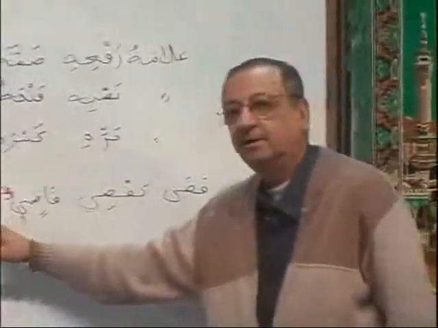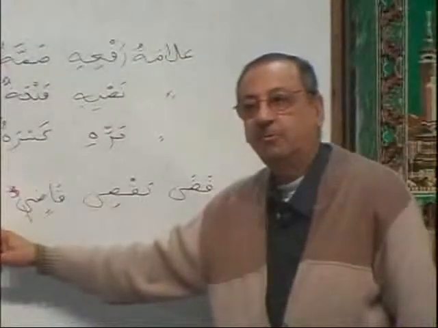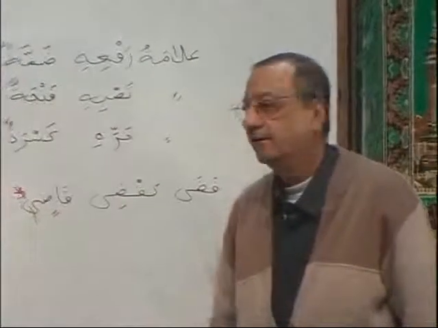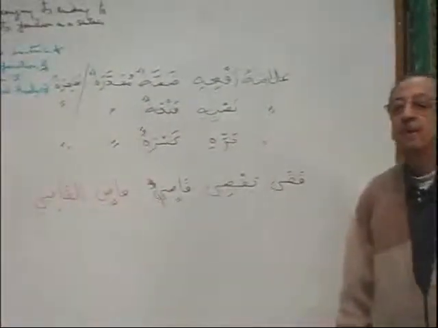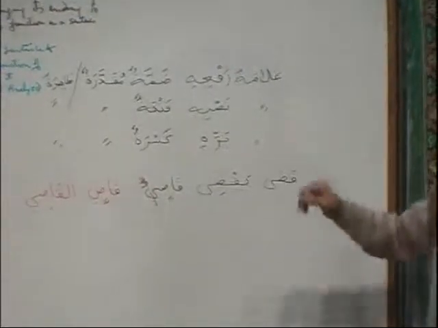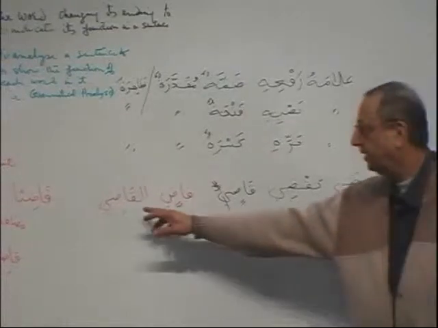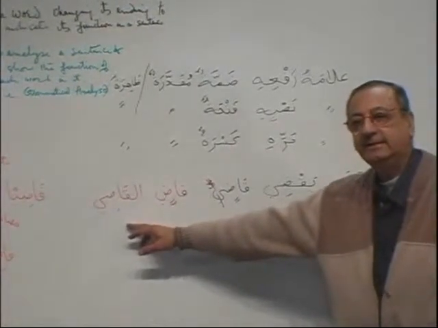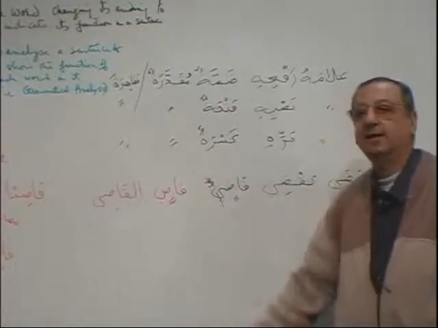Okay, brothers and sisters. So when the qadi, brother and sister, is marfu', we say alamatu raf'ihi ad-dammatul muqaddara. But that will be for qadi, because you can see the ya.